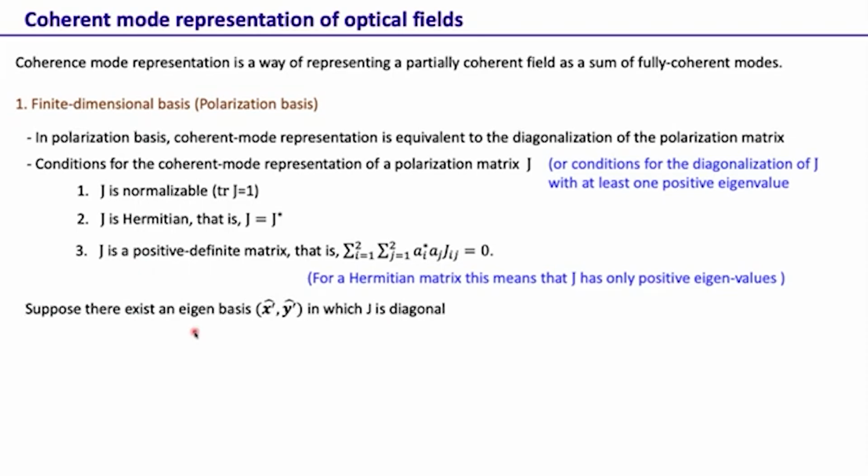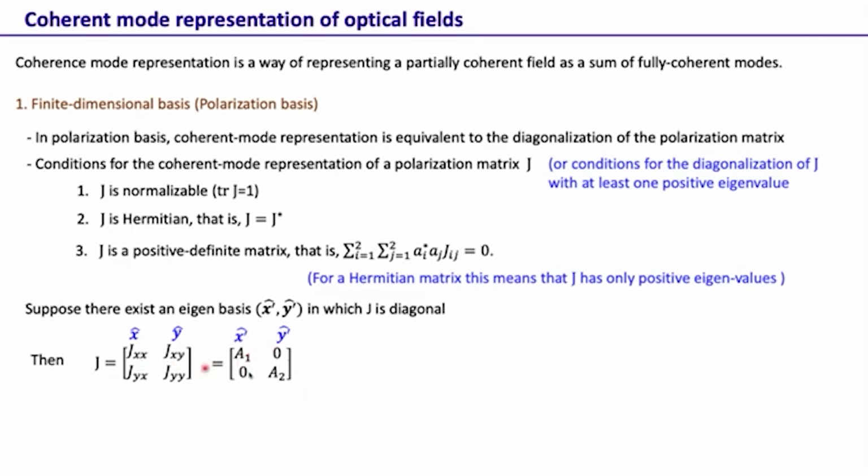Okay, so now suppose there exists an eigenbasis x prime y prime in which J is diagonal. Suppose all these conditions are satisfied for a given matrix. We have a physical polarization matrix representing a physical partially coherent field. Then this J, which is written in the xy basis as Jxx, Jxy, Jyx, Jyy, we can write in the x prime y prime basis, in which we know it is diagonal, like this, with diagonal entries a1, a2, 0, 0.